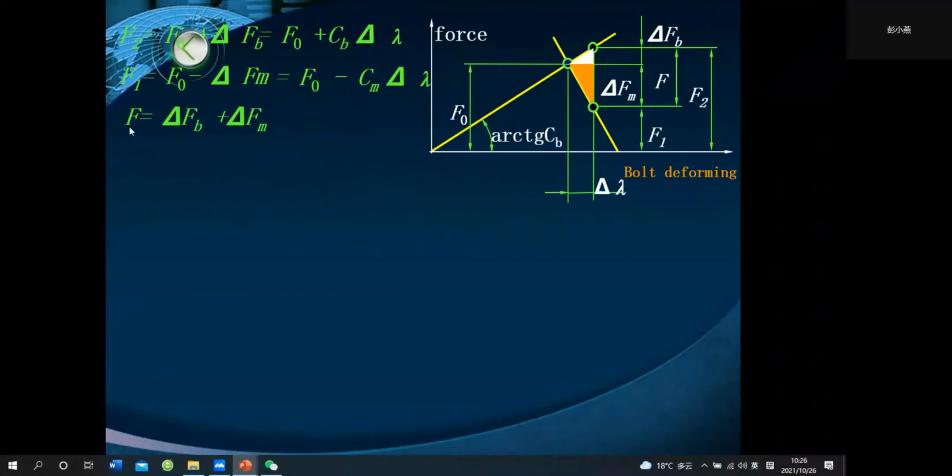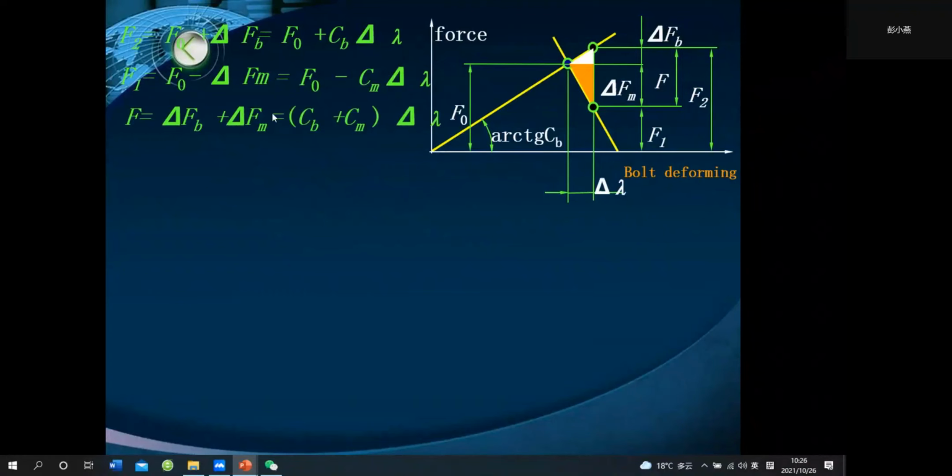And the actual force F is equal to delta Fm plus delta Fb. Delta Fm is the force acting on the members. Delta Fb is the force acting on the bolt.